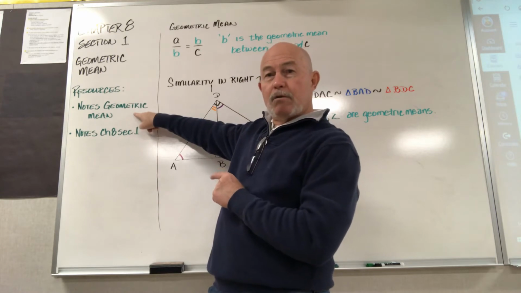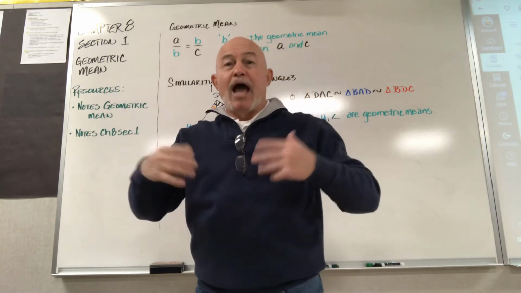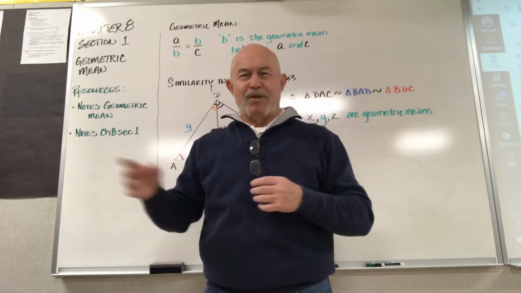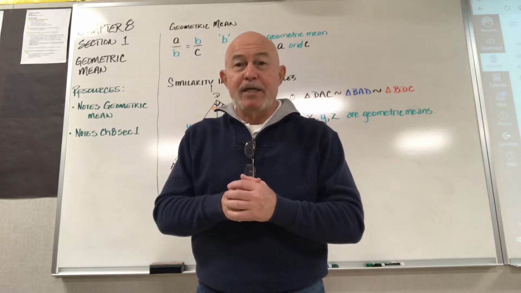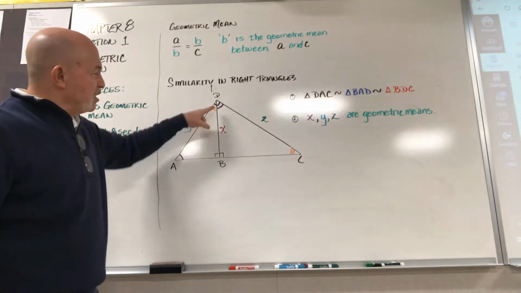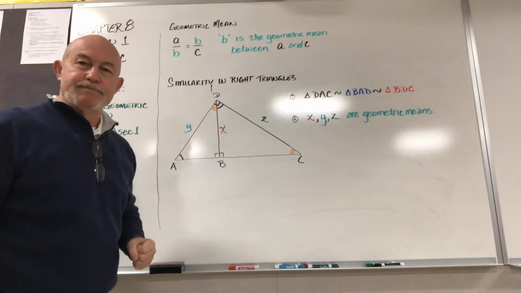On these pages right here, the top one, I lay out how to set it up. You'll look at it and you go, oh my God, that looks like a play in football or basketball. A lot of arrows going around. But here's basically what it looks like. This leg is the geometric mean between this leg and this leg.